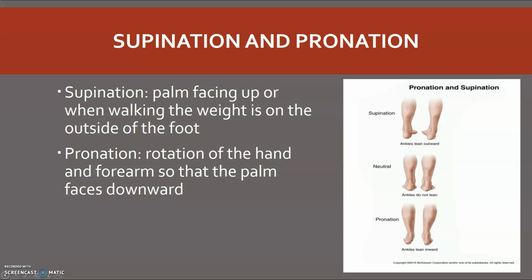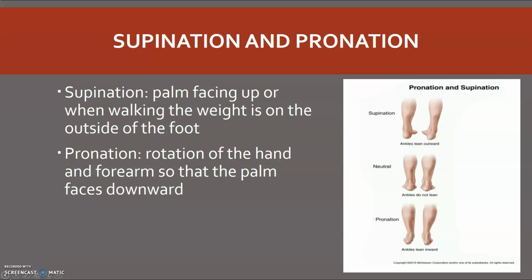Now, supination and pronation describe movements of the forearm, and you can think about whether your palm is facing up or down. With supination, your palm is facing up. Supination can also be described as when you walk, the weight is going to be on the outside of the foot.